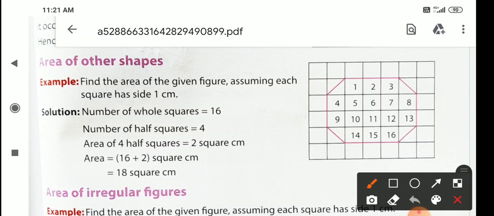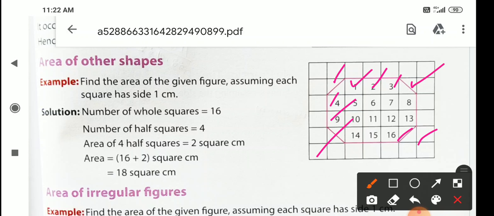This 1, 2, 3, 4, 5, 6, 7 up to 16. Whole squares are 16. And the number of half squares, which are half. This one is half, this one and this one and this one. Total 4 half squares are there.